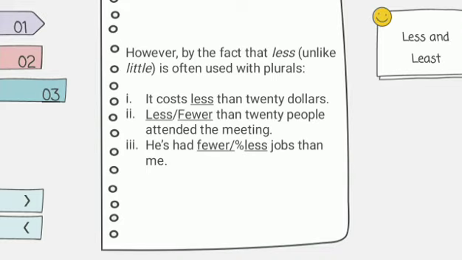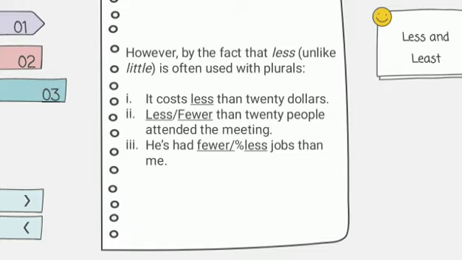Matters are complicated, however, by the fact that less, unlike little, is often used with plurals. For example, it cost less than $20. $20 is construed as a sum of money rather than a set of individual dollars.